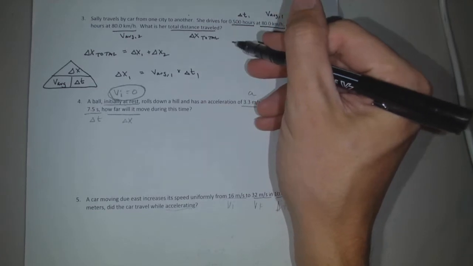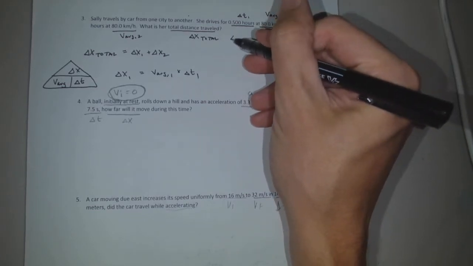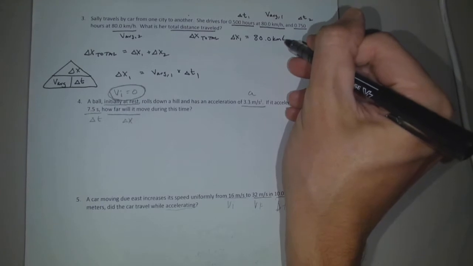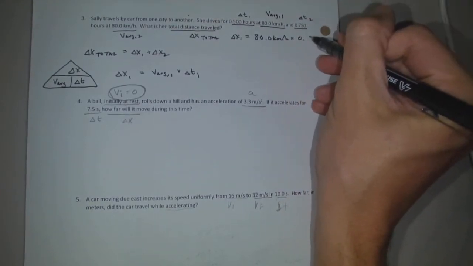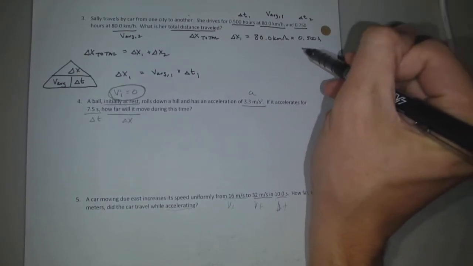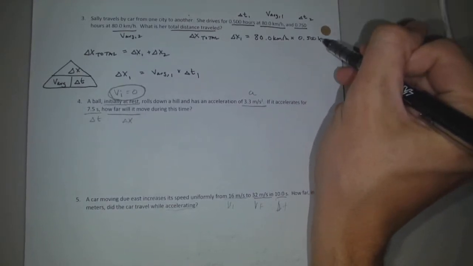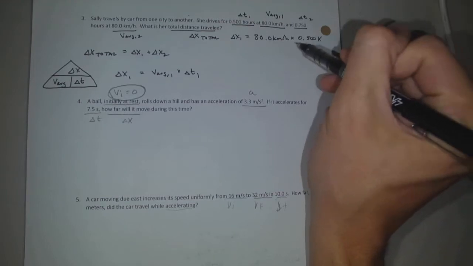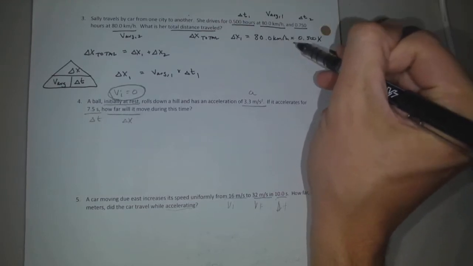Okay, let's put these numbers in. Delta x1 equals 80.0 kilometers per hour times 0.500 hours. I hope you can see from here that this is an hours and a per hours.